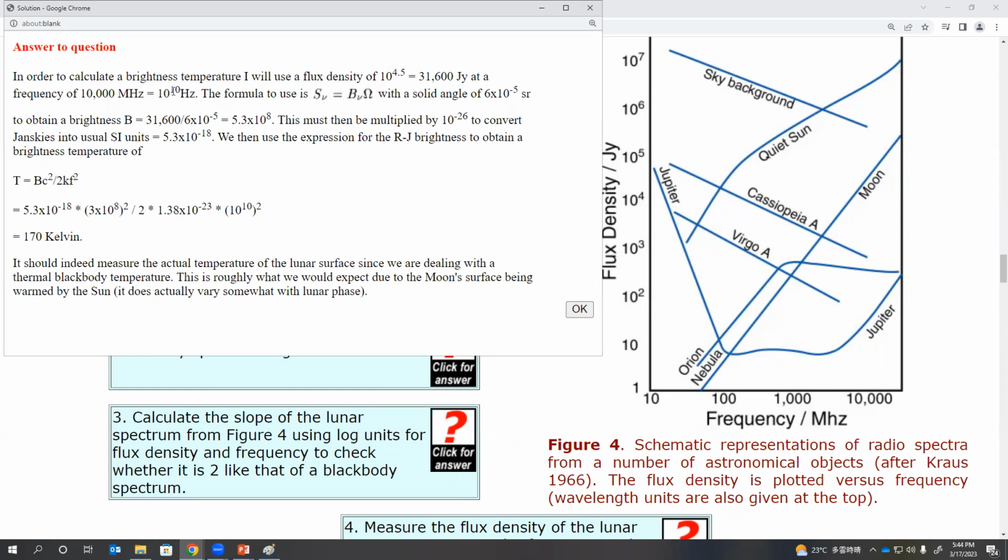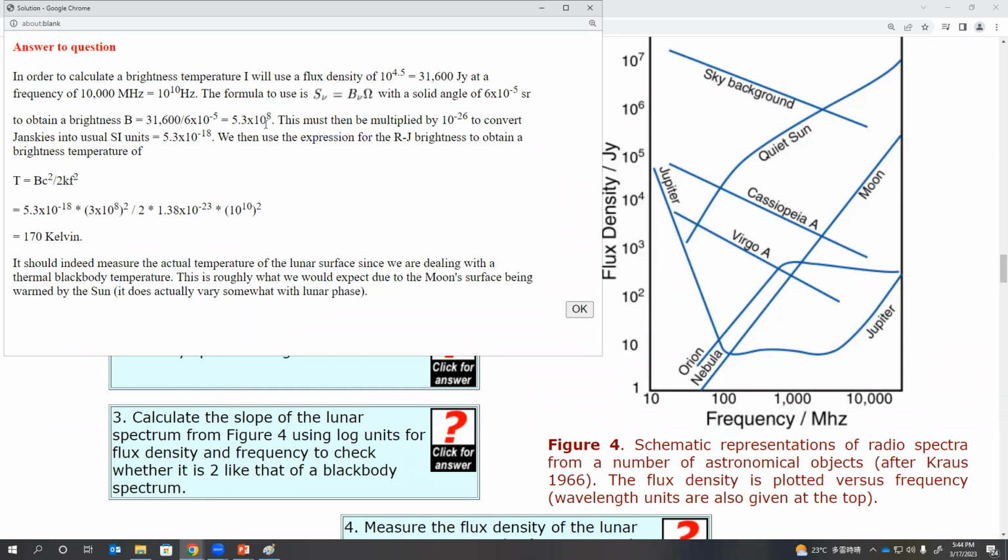So you have the frequency, and you know the flux density, and based on the formula that we introduced before, the flux density is equal to the brightness times the solid angle, which is given to you, and you can easily get the brightness intensity, which is equal to 5.3 times 10 to the power 8.